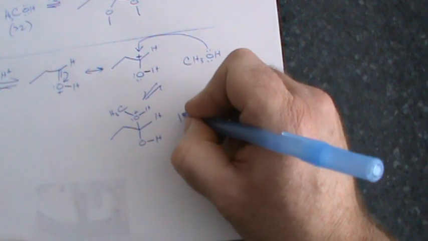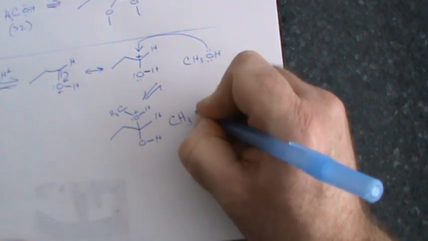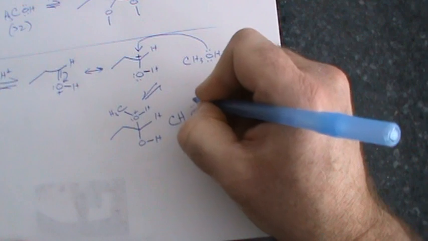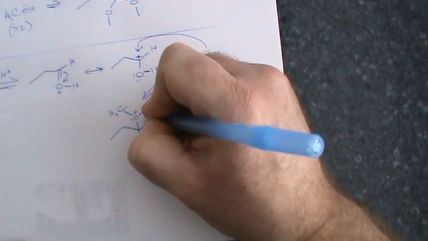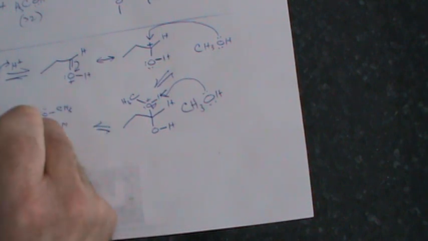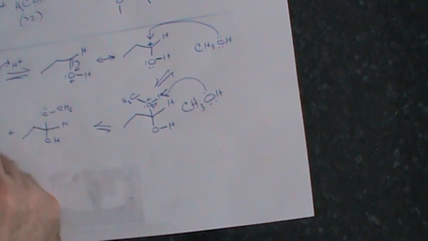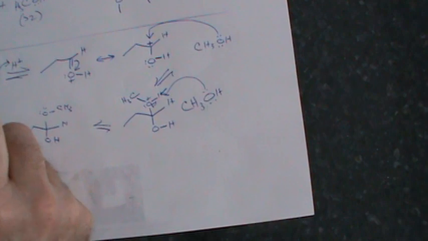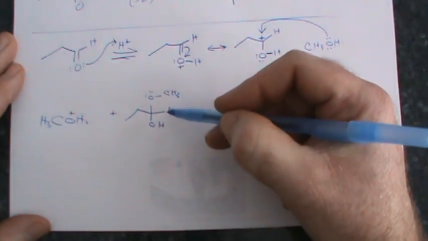The next step, we've got lots of alcohol around, and our alcohol is going to come in and pick up that acidic proton in order to give us this species right here.